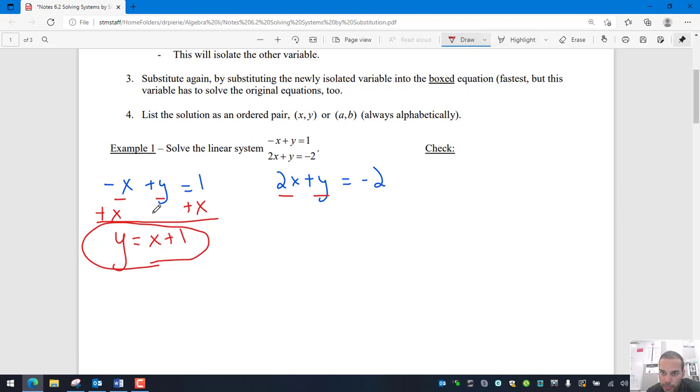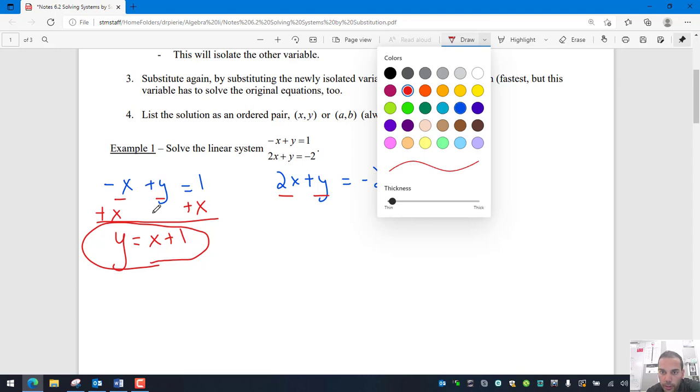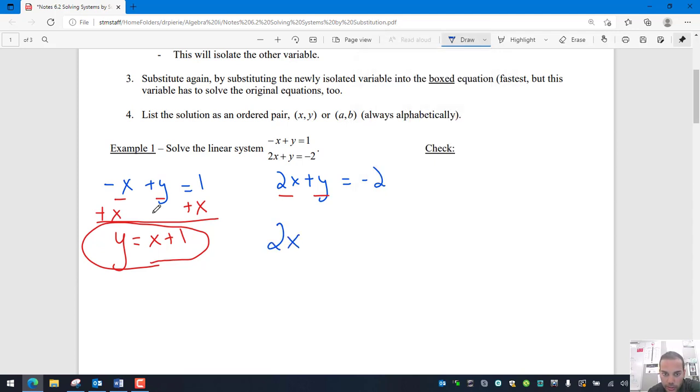So watch how I do this. I'm going to rewrite the second equation by substituting x plus 1 for y. I still have a 2x, I still have a plus, but instead of writing y, I know that the exact same thing as y is x plus 1. So I'll rewrite y as x plus 1. And this is still equal to negative 2.